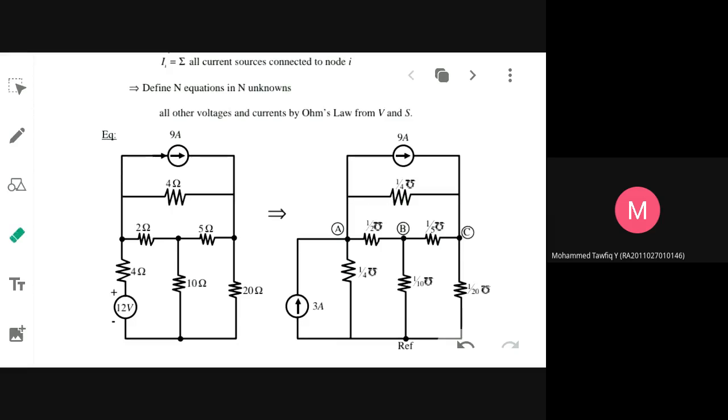After the source transformation, why are all the resistances taken as half? Half of the question only I am able to hear. Ma'am, the resistance is inverse, right? So why was it taken like that?